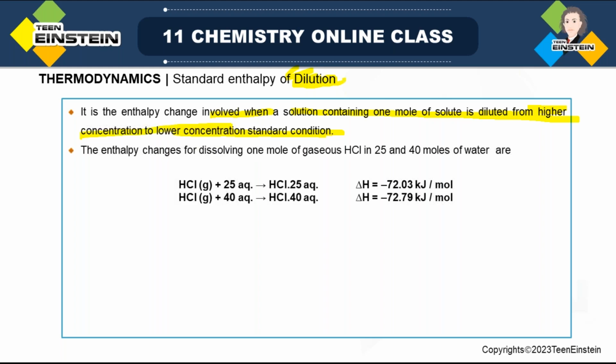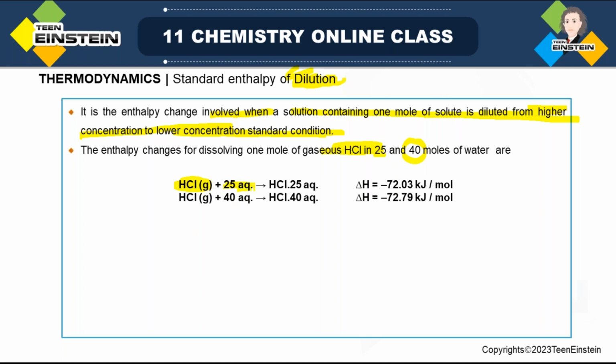So here we have taken this example: enthalpy change for dissolving 1 mole of gaseous HCl first in 25 moles of water and then 40 moles of water. So these are two different processes, right? You have taken 1 mole gaseous HCl, and you are adding 25 moles of water.